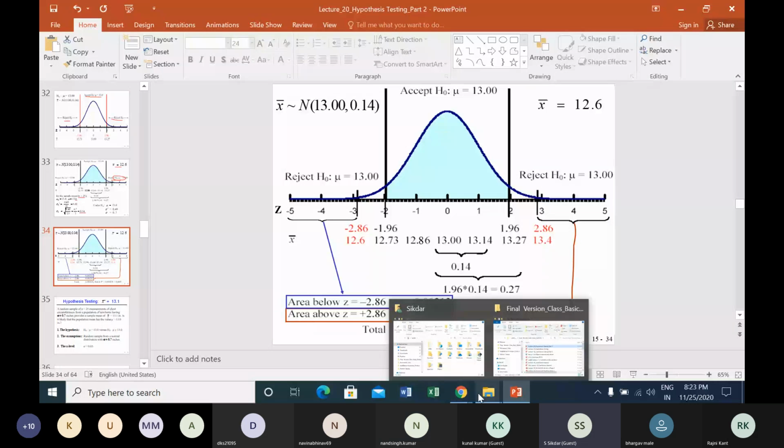Nikhil Suneja is not here. Deepak Pali, yes, sir. Sunil Gupta, yes, Sunil Gupta is here.